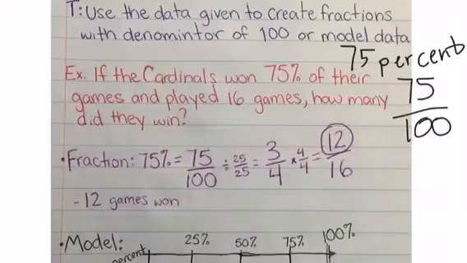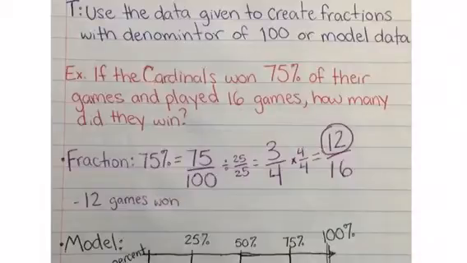Once we've done that, our whole in the percent is 100. But we know that our whole in the actual scenario is 16 games. So we need to get from 100 to 16. And I will tell you, it's not going to be super simple.